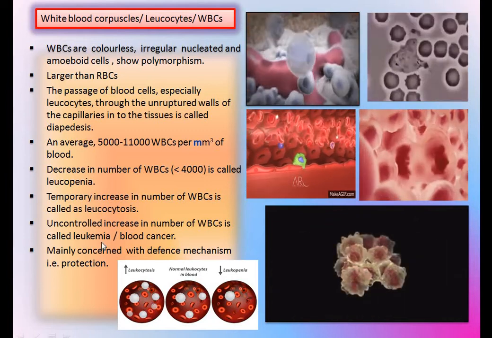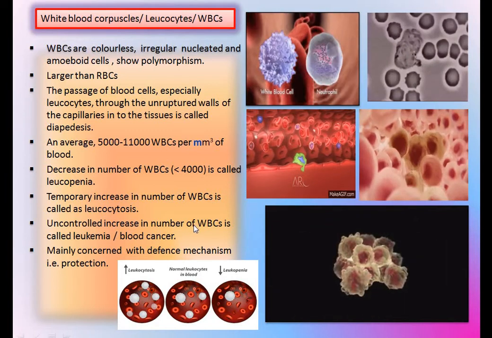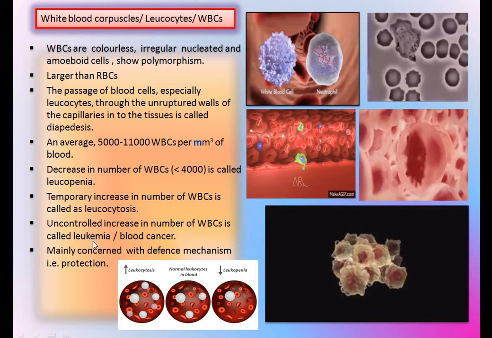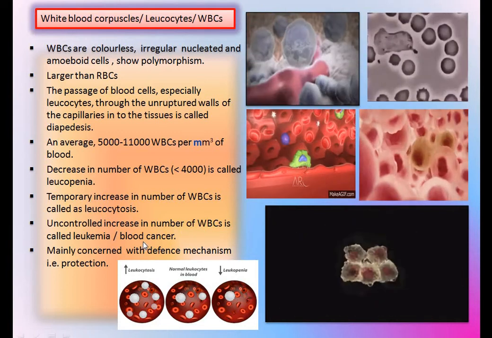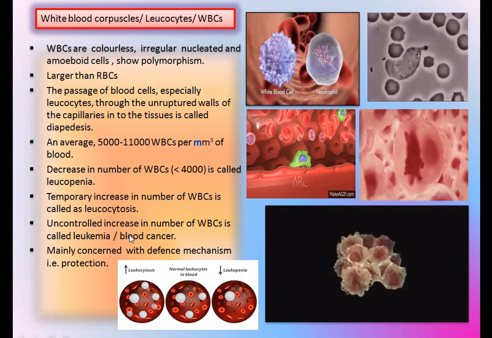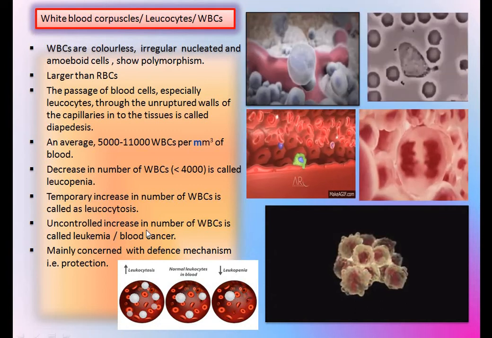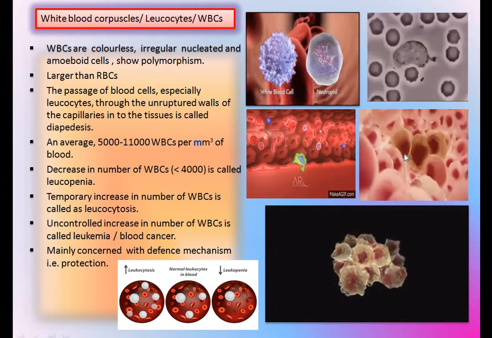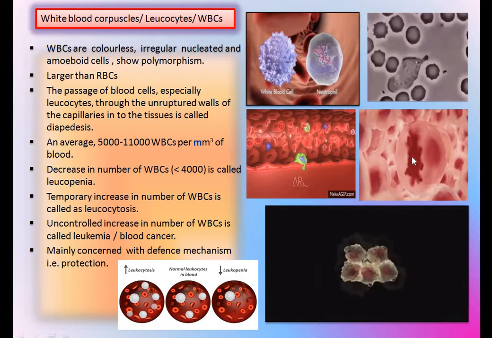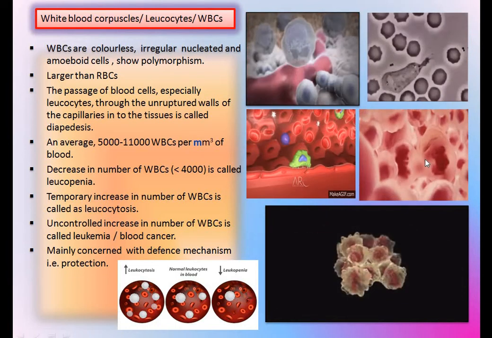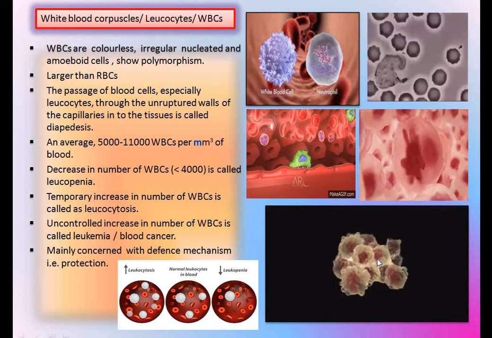Then uncontrolled increase in number of WBC is called leukemia, or it is also called blood cancer. Here in this figure, the uncontrolled WBC is shown.